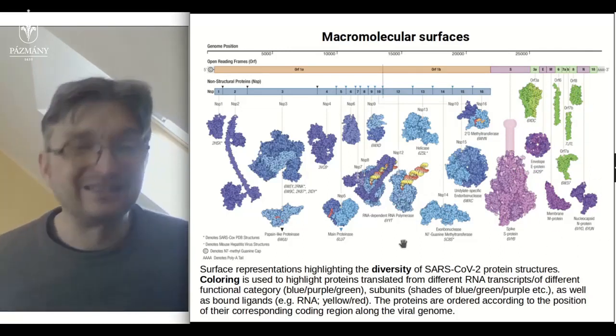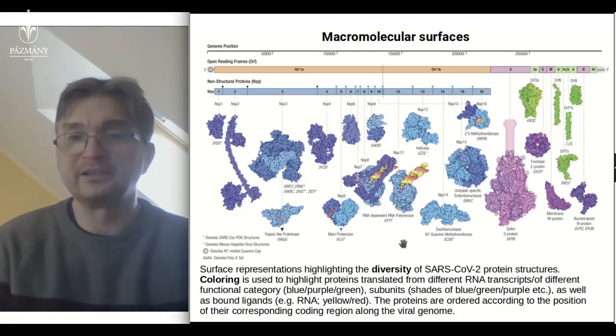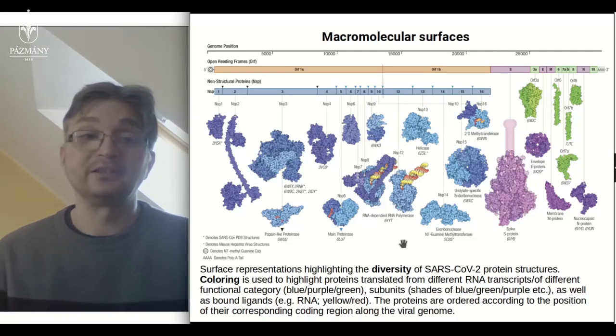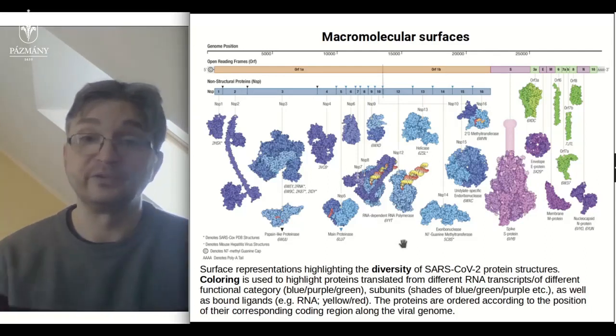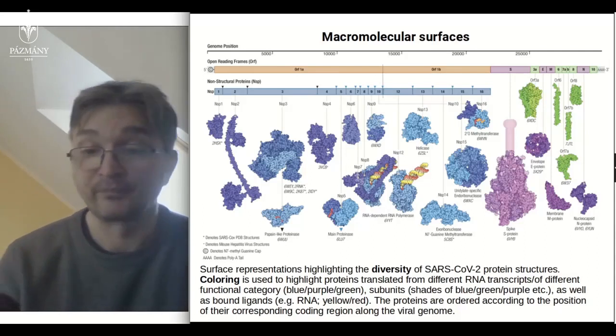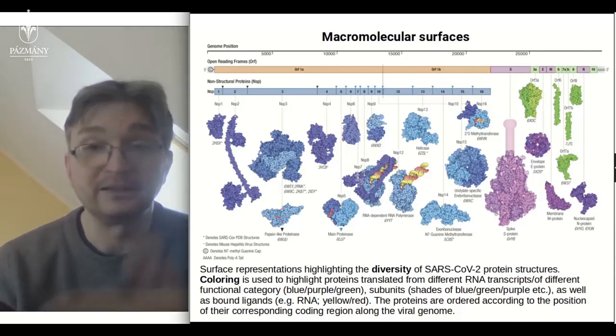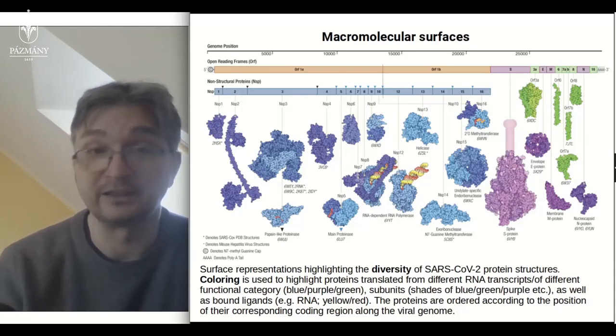So this is a nice view of a zoo. This is more like an illustration than something which highlights something we would like to understand in more detail, but it's still very useful and spectacular.